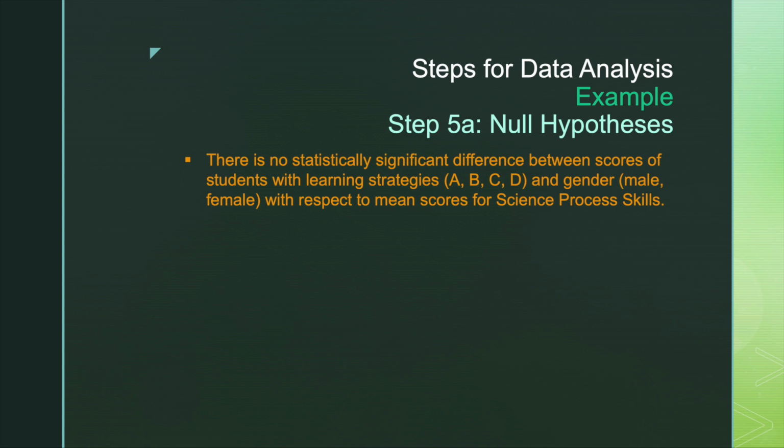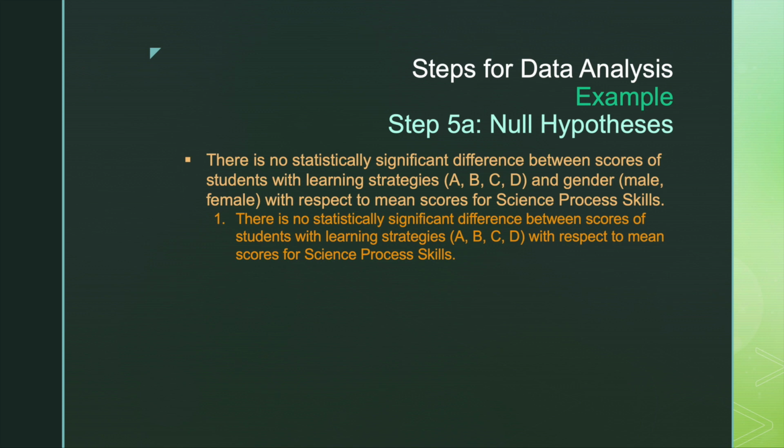Step 5, we have to do the null and alternative hypotheses. And just like in step 2 with the research questions, we have to break this down into multiple different sections. So we start off with the overall null hypothesis. There is no statistically significant difference between scores of students with learning strategies A, B, C, and D, and gender, male, female, with respect to mean scores for SPS.